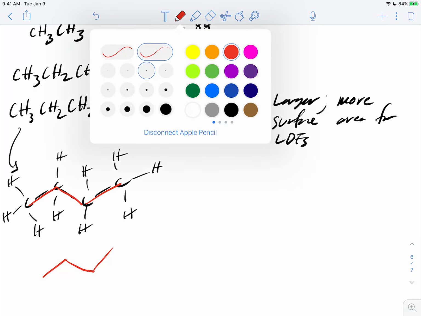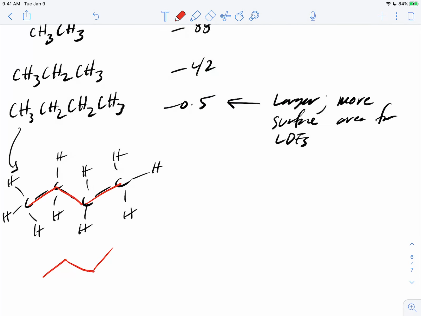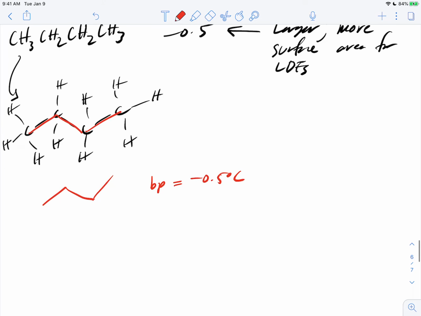Okay, so now that we know that, then we can look at and say, well, we have 2 molecules. One is this molecule, which has a boiling point of negative 0.5. We just said that. And then if we look at this molecule, which is basically the same 4 carbons.